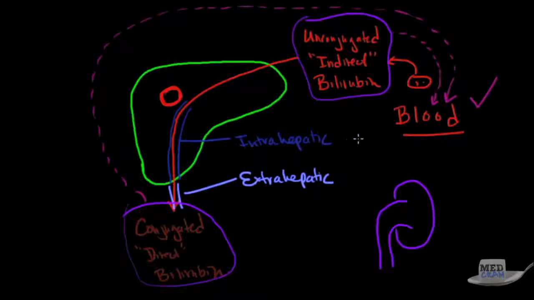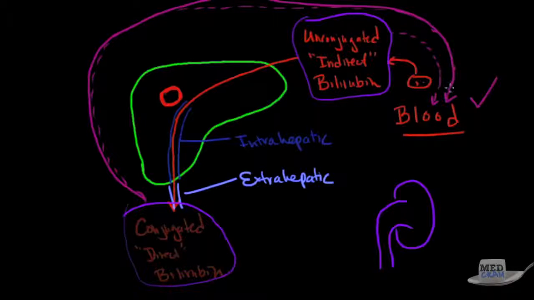However, only one of these things, and that is specifically the conjugated bilirubin, because it's conjugated, it's more water soluble, is going to be able to make it through the blood and actually get excreted out through the kidney. And so if you see bilirubinuria, not emia, but uria, that is the presence of conjugated bilirubin in the blood.